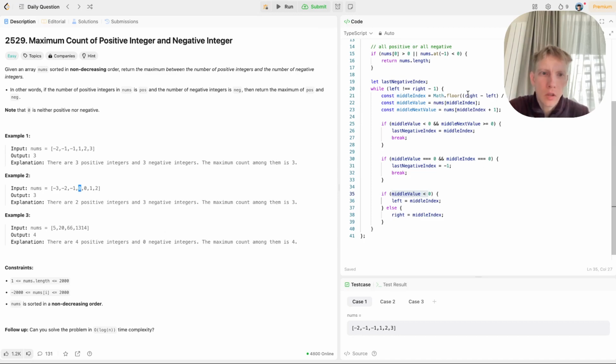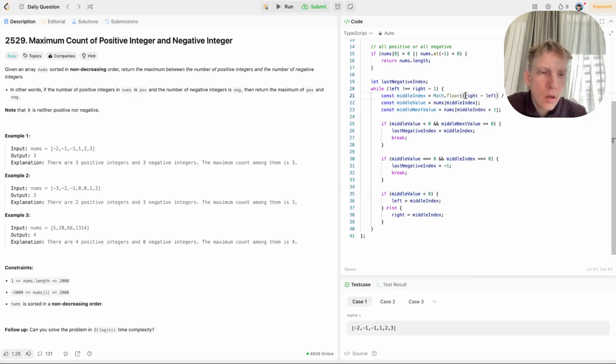Next iteration, right would be 3, left would be 0. 3 minus 0 would be 3 divided by 2, 1, floor 1. So we're getting this number, minus 2. We're comparing it, and it's less than 0, so left would be 1, right would be 3.